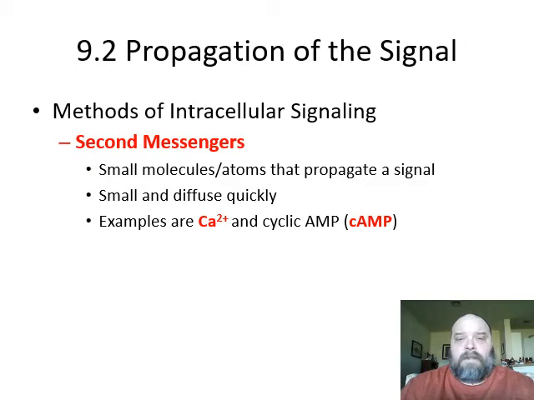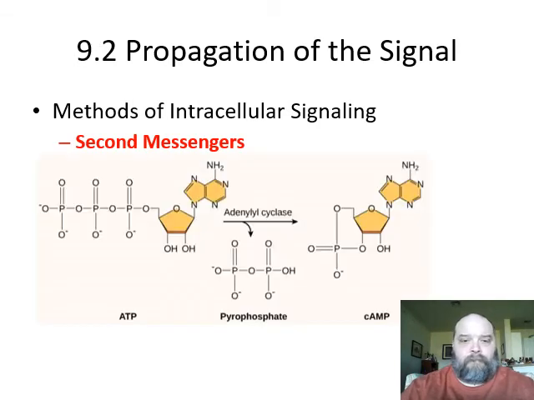Another one is going to be cyclic AMP. You also see it in papers and textbooks as little c AMP. Cyclic AMP is when ATP, adenosine triphosphate, is acted on by adenylyl cyclase.